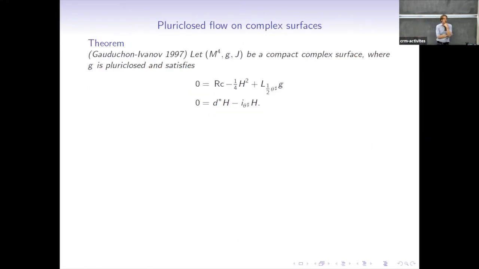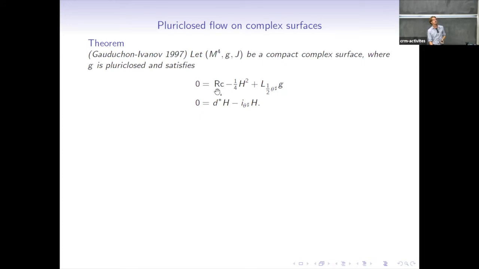So again, as a starting point, I'll mention this old result of Gauduchon-Ivanov. If I fix a compact complex surface, this is not exactly how they stated it, but it's equivalent. So g is pluriclosed and is basically a fixed point of the pluriclosed flow. So I have this modified Einstein equation.